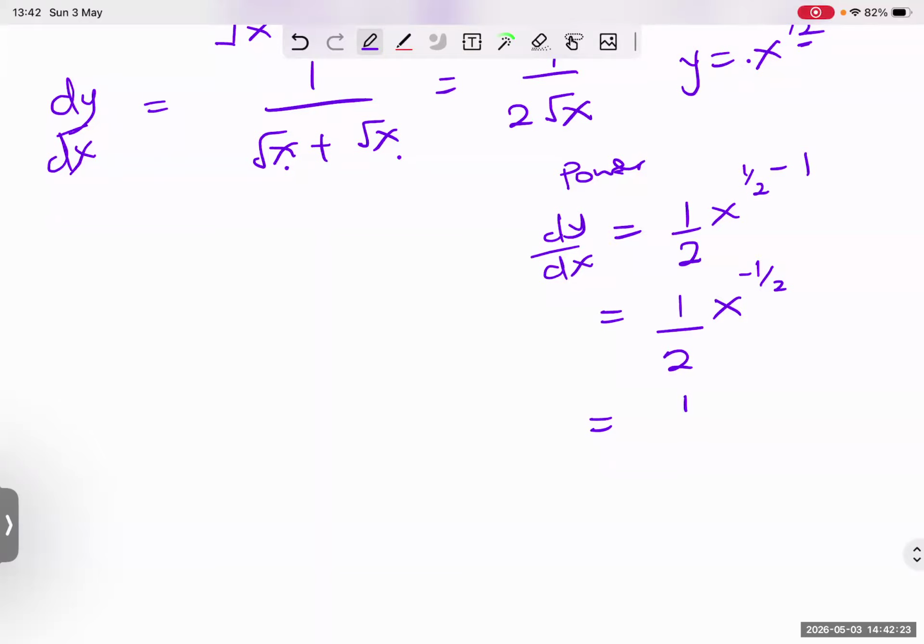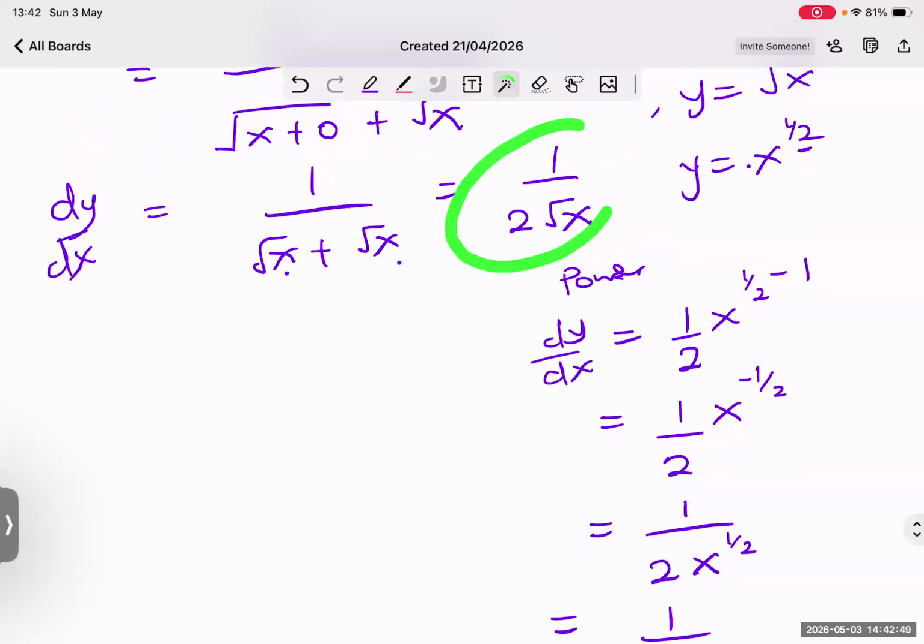So this is the same as 1 divided by 2x raised to the power half. Once it comes down, it becomes positive. We've said earlier that x raised to the power half is the same as square root of x. So the answer is 1 divided by 2 root x, which is the same as what we had when we used the first principle of derivative.